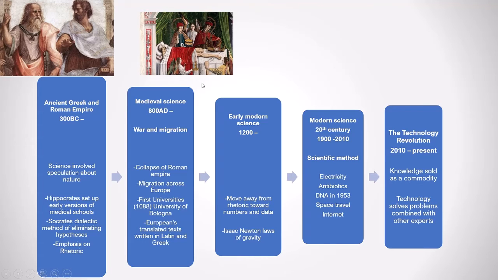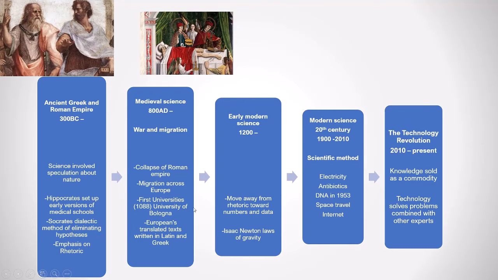Fast forward to medieval times, not a lot happened in science during this time because we were all busy pillaging, murdering. The Roman Empire collapsed. There was huge migration across Europe. When things died down, the first universities were set up, the first one being in Bologna.